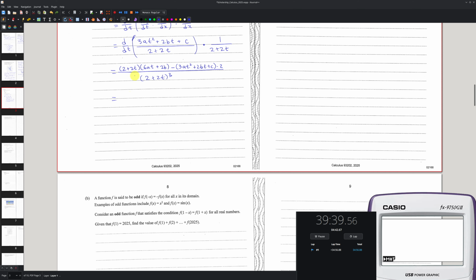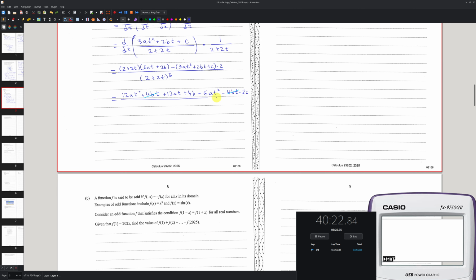Okay, so we get 12at squared plus 4bt plus 12at plus 4b, minus 6at squared minus 4bt minus 2c. Okay, so we get cancellation. That cancels. Good.